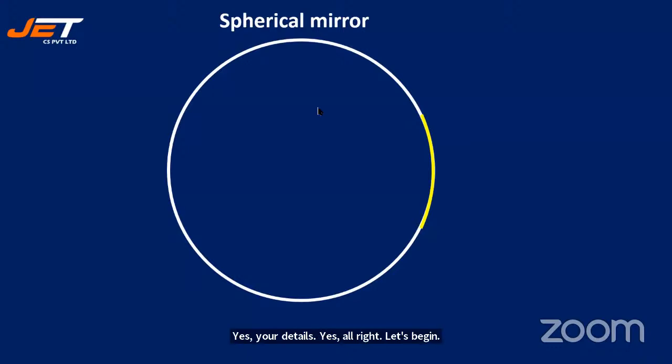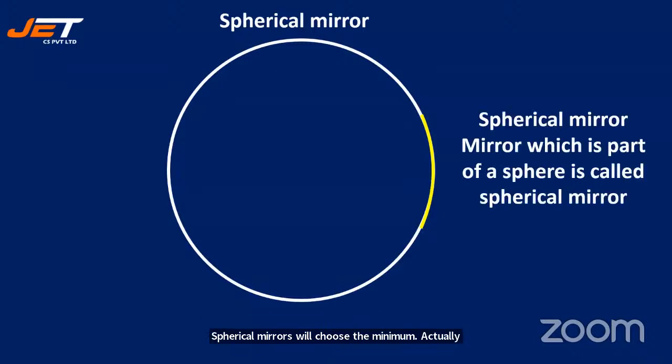All right. Now, what we're going to study is about spherical mirrors and how a ray behaves when it hits a mirror. Let's look at spherical mirrors now. What is a spherical mirror? Actually, a spherical mirror is a part of a sphere.